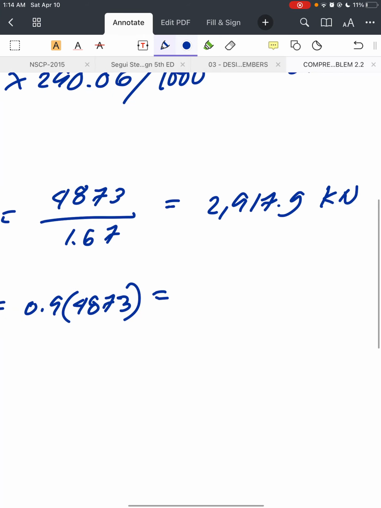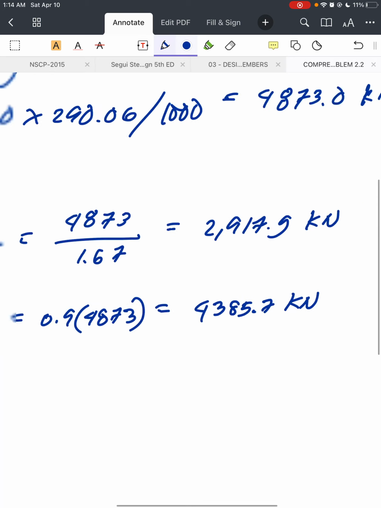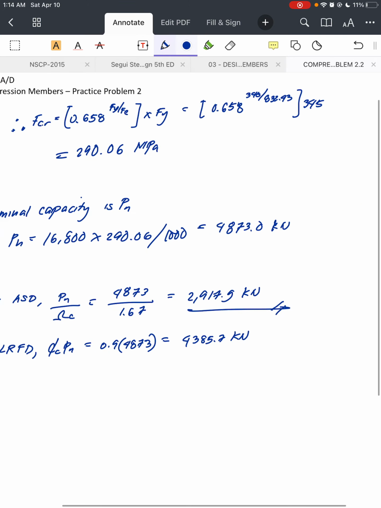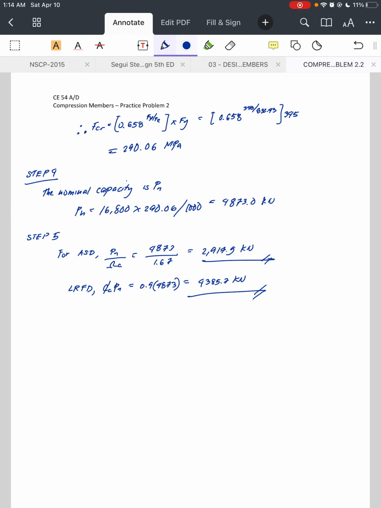So this will be equal to 4,385.7 kilo Newton. Okay, so you have here our values for our safe load for ASD and LRFD. Alright?